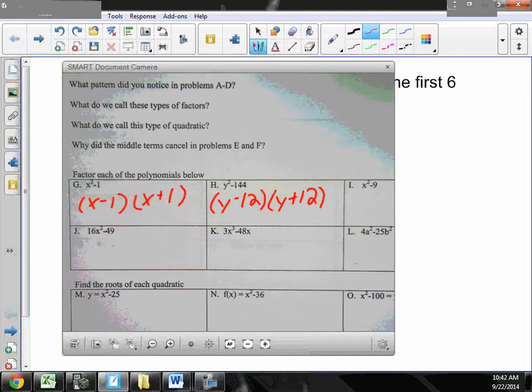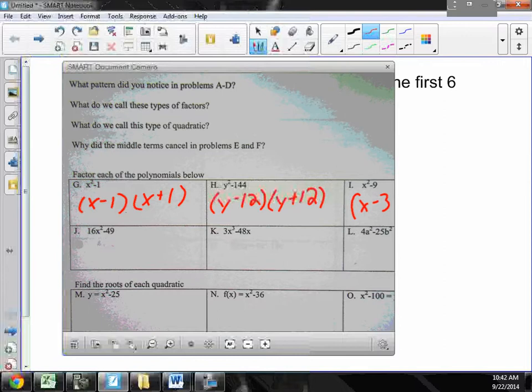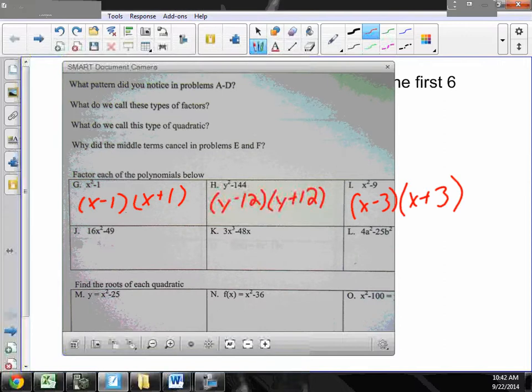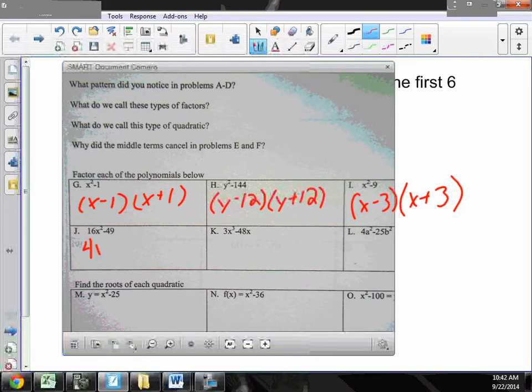That's pretty easy. I? X minus 3 and x plus 3. J is a little bit harder. What times itself is 16x squared? 4x and 4x, and then we have 7 and 7. So this one's going to be 4x minus 7 and 4x plus 7.